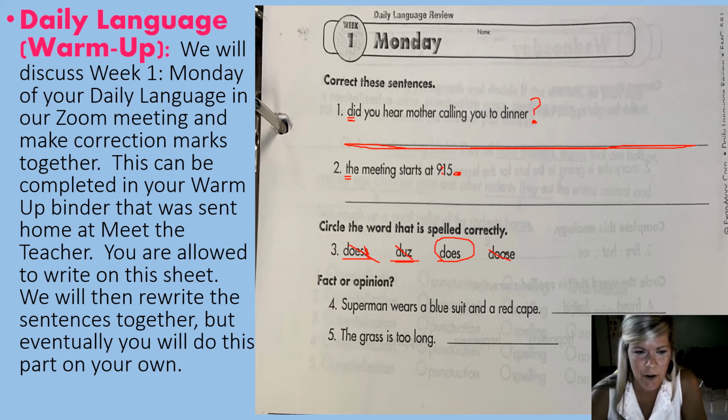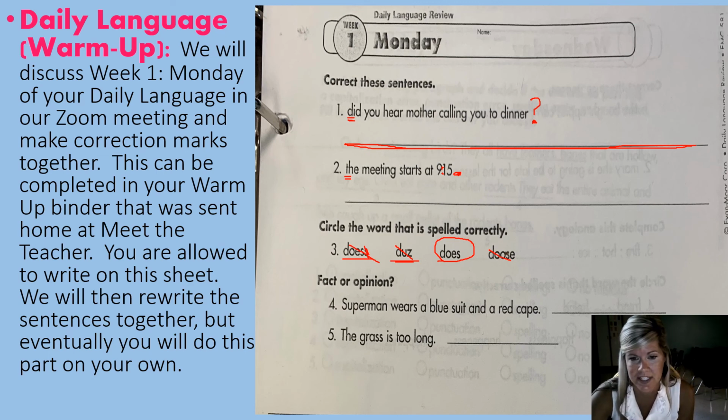Okay, the last 2, we're deciding whether it's a fact or opinion. So remember, for a fact, that means it's true or can be proven. An opinion is something you think and it's not necessarily true, okay? So number 4, Superman wears a blue suit and a red cape. Okay, well, is that something that we can prove? Can we tell that he's wearing a blue suit and a red cape?